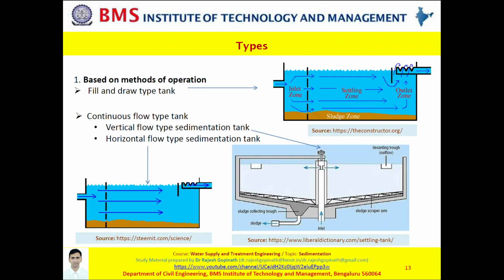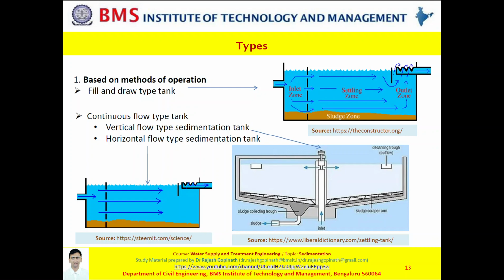Now, hoping that you have understood this, let us move to the next type, the continuous flow type tank. Here the water enters via the inlet and at the same time there is also clearer water exiting from the outlet zone.